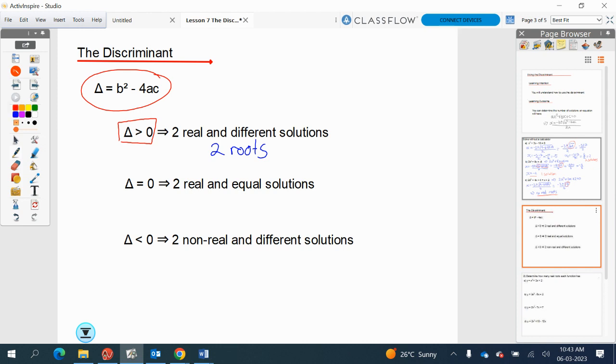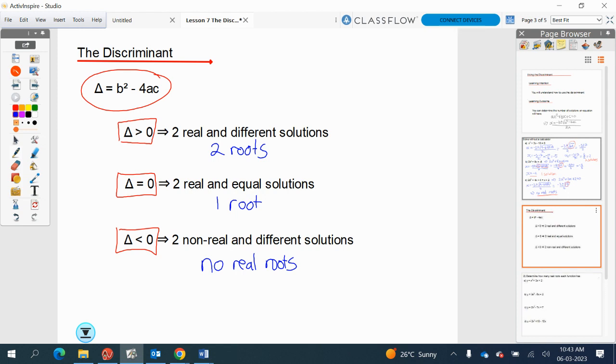If the discriminant is equal to 0, then this implies that both the solutions are going to be the same, so we get one root. If the discriminant is negative, this will give us the square root of a negative number, so we have no real roots.